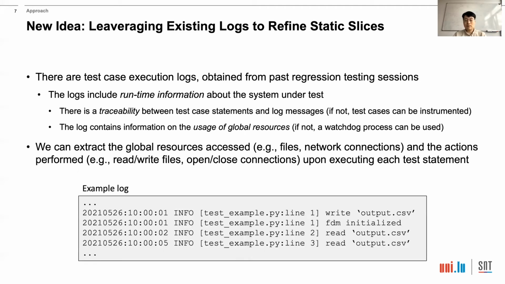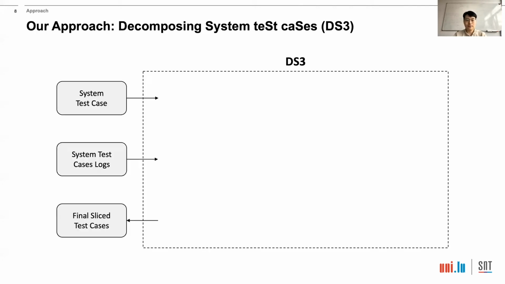For example, this example log is one that we can collect by executing the simplified test case I showed you before. As you can see, by executing line 1, the output.csv file is written, and by executing line 2, the output.csv file is read, and so on. That kind of information is included in the log.